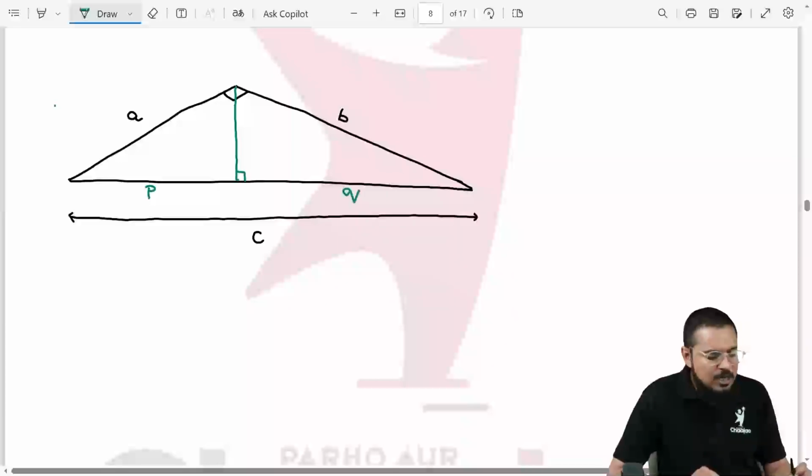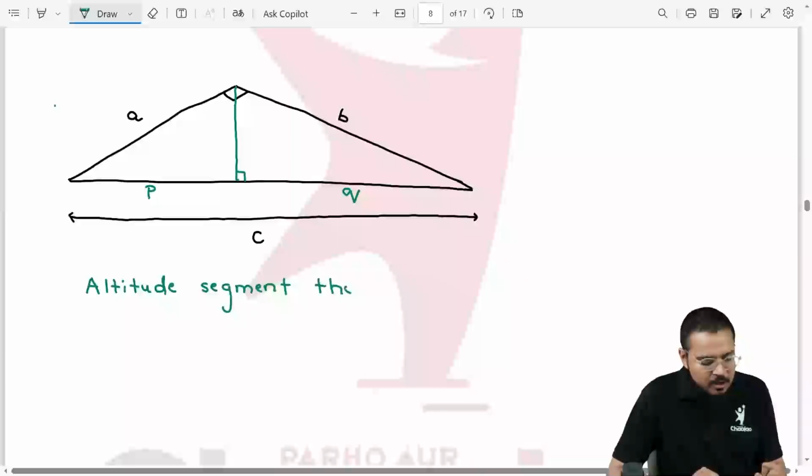There's one theorem known as the altitude segment theorem. What is that theorem? What is the altitude segment theorem all about?